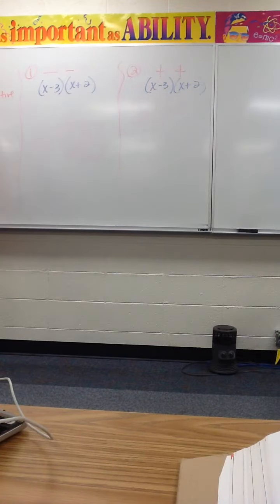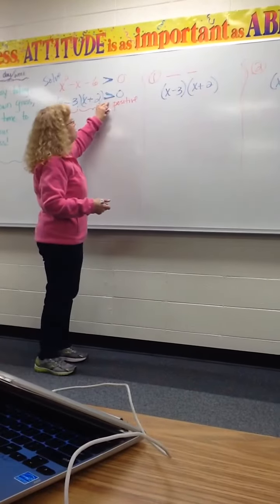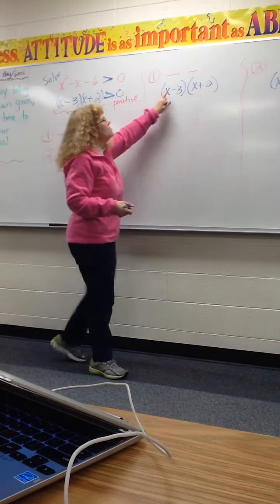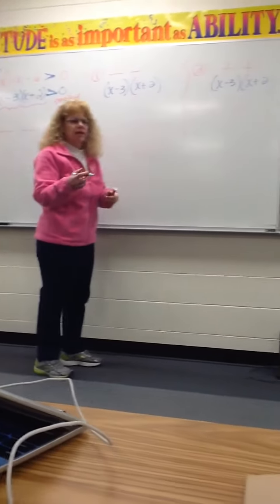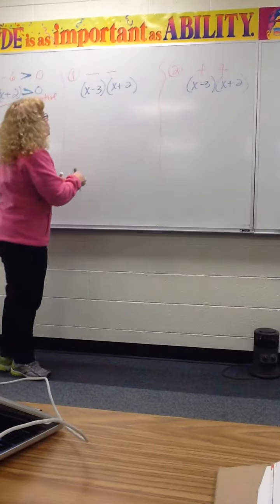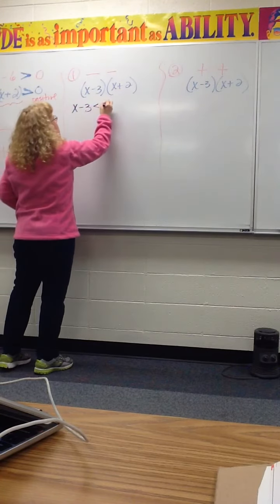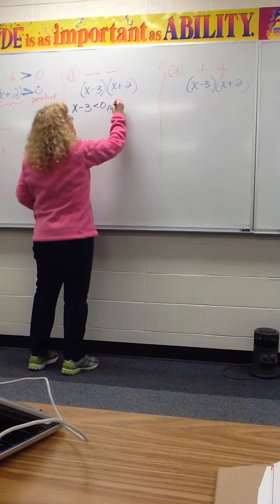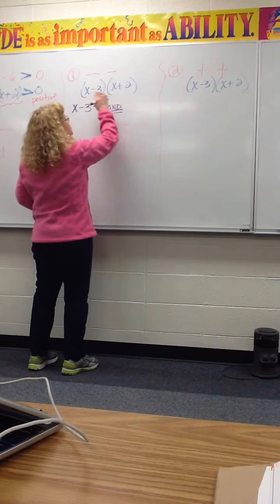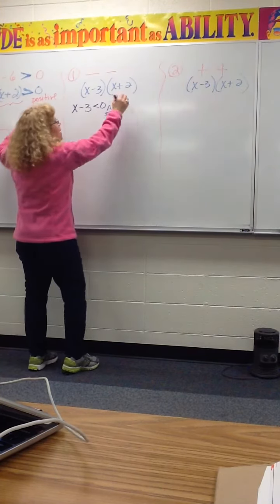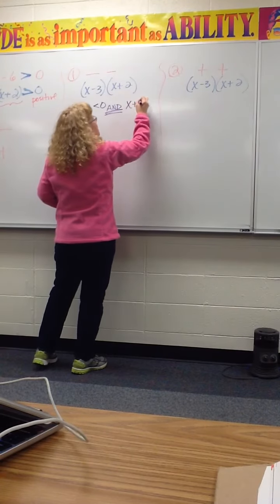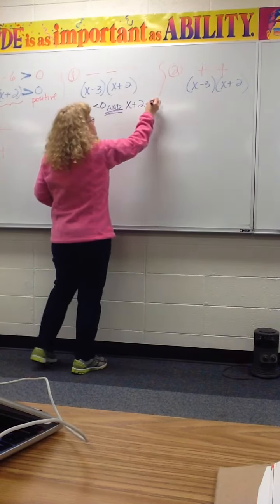So, what does it mean to be positive again? Greater than 0. So what does it mean if it's negative then? Less than 0. So that means if this thing is negative, it's less than 0. And at the same time, because they both have to be negative to get a positive, this thing is also negative, less than 0.